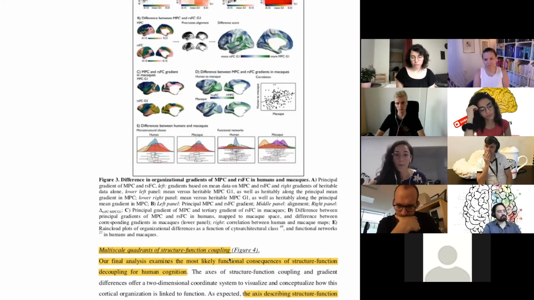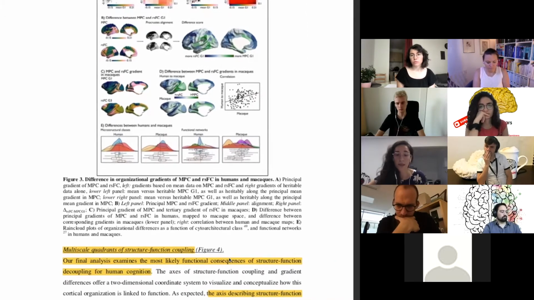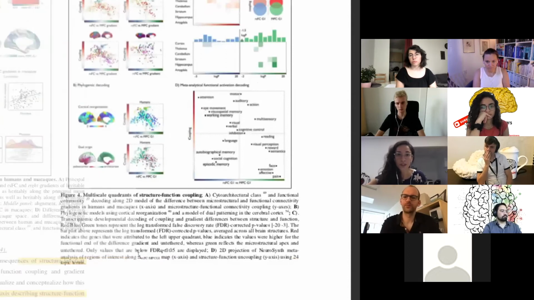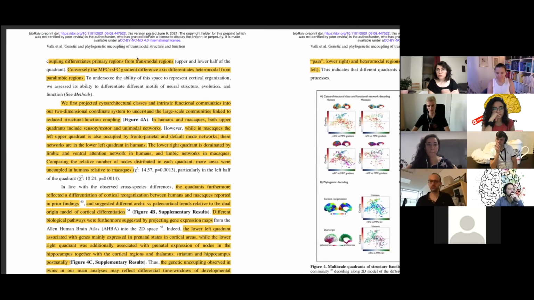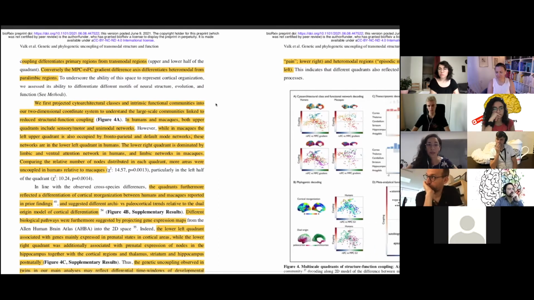And so via dimensionality reduction, they plotted the gradient differences in both humans and macaques.